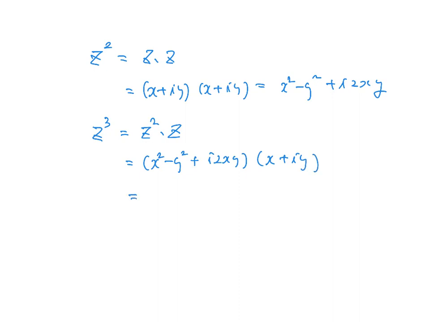is, we are going to have 6 terms. The first one is easy, just x cube minus xy square plus I 2x square y plus I x square y minus I y cube minus 2xy square.